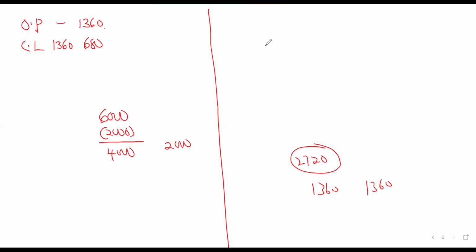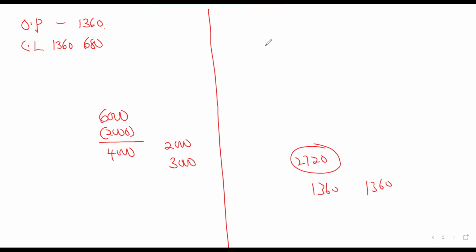But let's say that after selling the 6,000, we still want to have a closing stock of 3,000. We want to sell 6,000 and we want to have a closing stock of 3,000, but we already have 2,000 in stock.